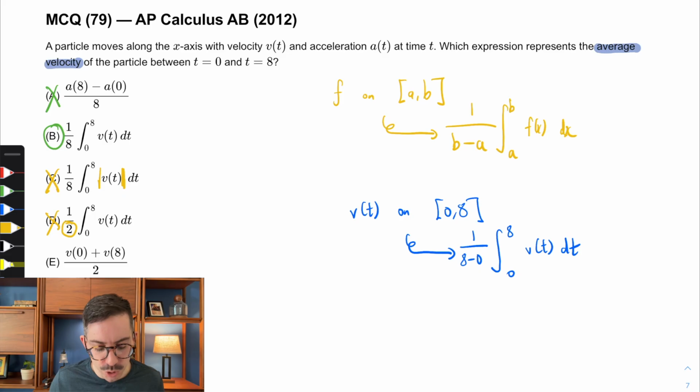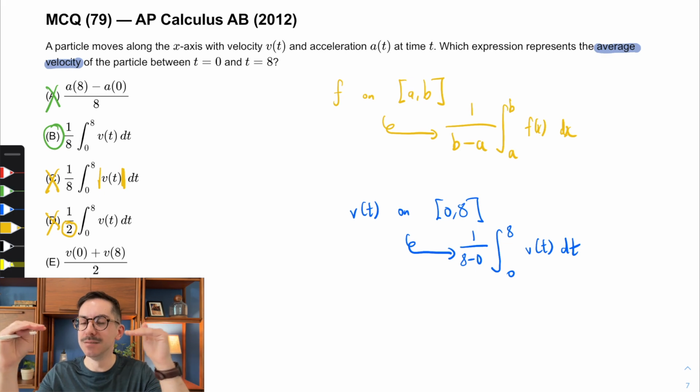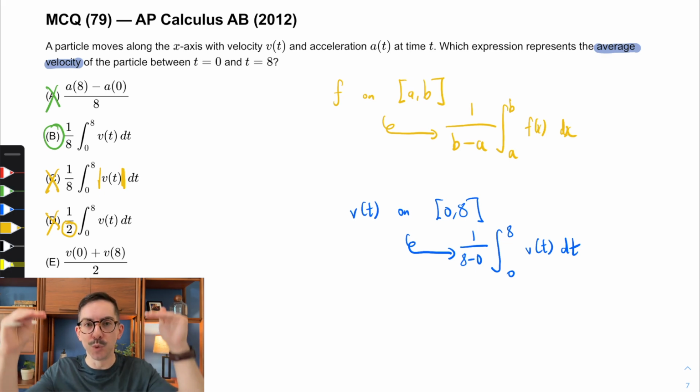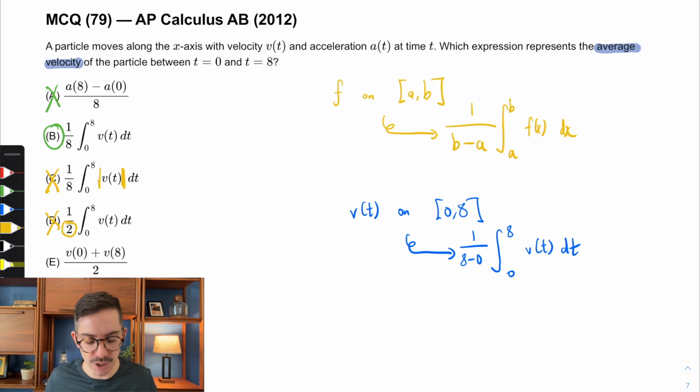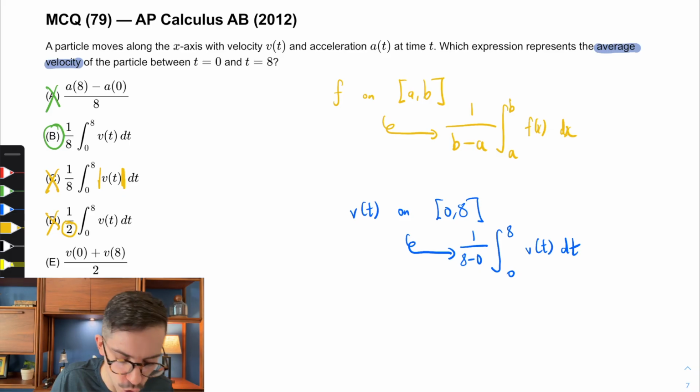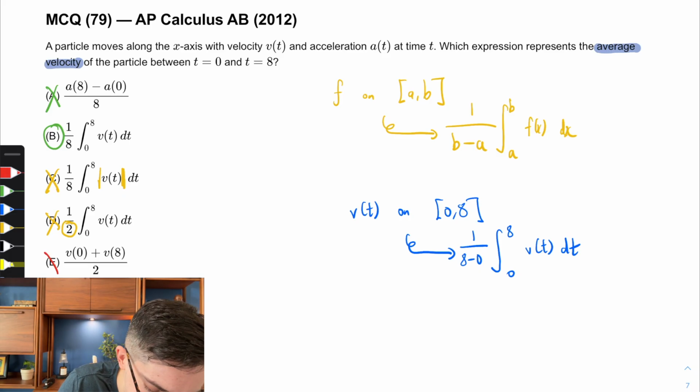This would be true in the case that the acceleration is constant, so your graph of velocity is just a straight line. If you think about why, this would give you that midline halfway up between the starting velocity and the ending velocity, but in general, this is just not going to give us the right answer.